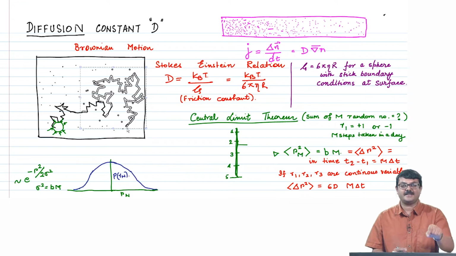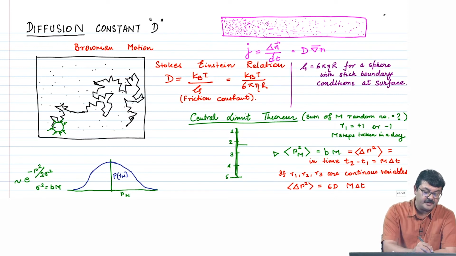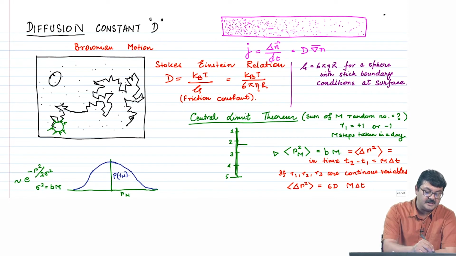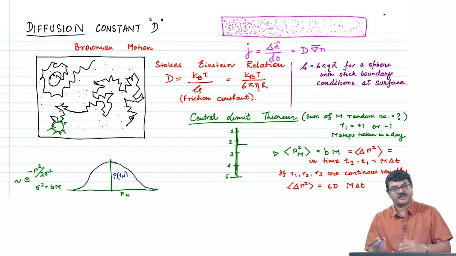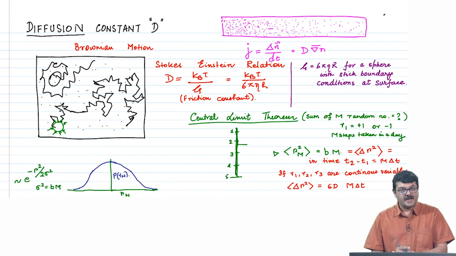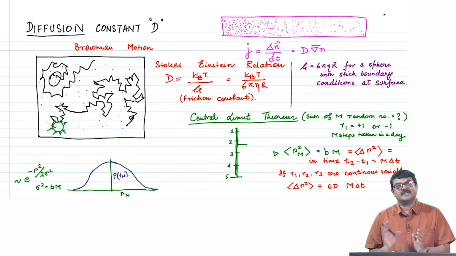So, if you had another identical particle dispersed in the fluid, say somewhere here, then it would do its own random walk in space and would land up somewhere in space after some time. And in diffusion, what you can predict is the average displacement that a particle undergoes in a certain time t.